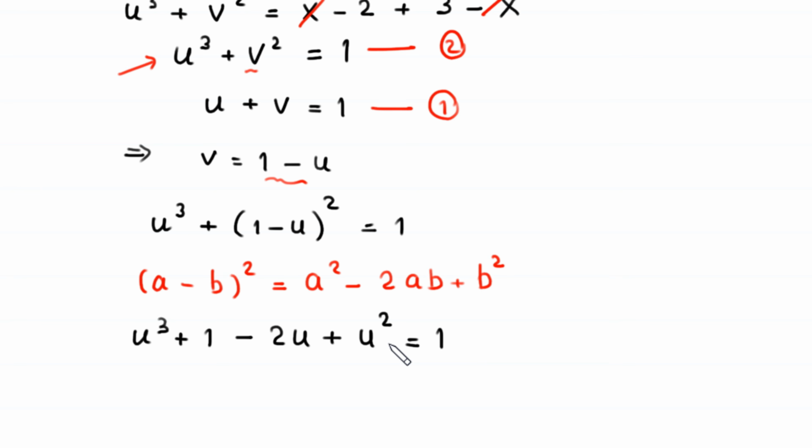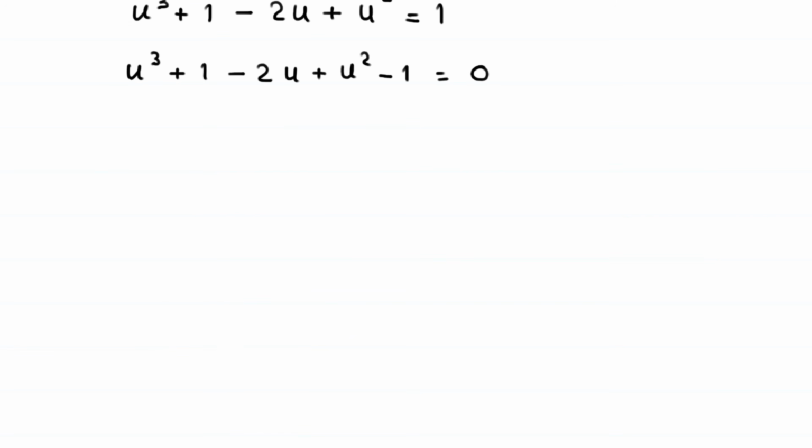Move this 1 to the left hand side, then this will become u cubed plus 1 minus 2 times u plus u squared minus 1 equal to 0. Now this negative 1 will be cancelled out with this positive 1, and we rearrange these terms: u cubed plus u squared minus 2 times u equal to 0.